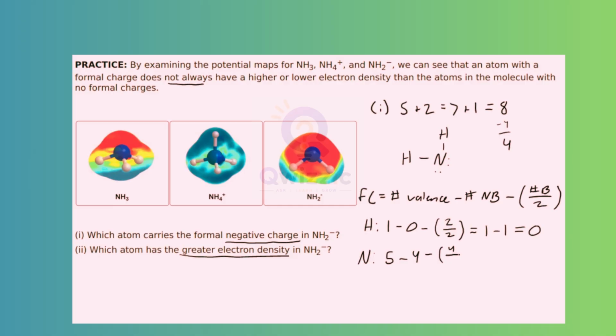So that's 4 bonding electrons divided by 2. And that leaves us with 5 minus 4 minus 2, which leaves us with a formal charge of minus 1. So according to this math, right, our nitrogen is going to have the formal charge of -1. So that is going to be our answer for part 1.